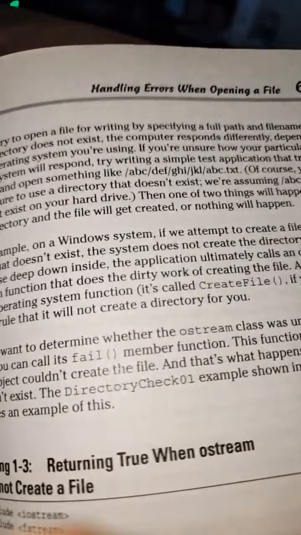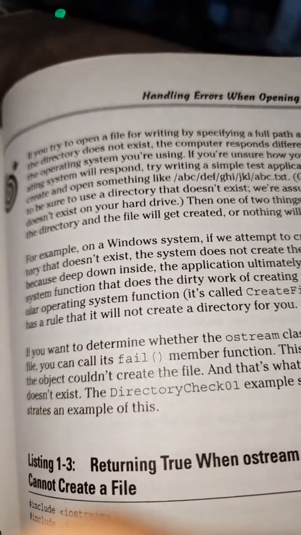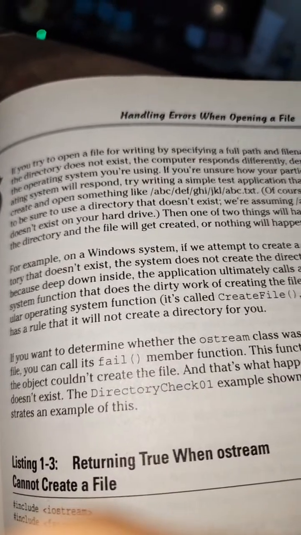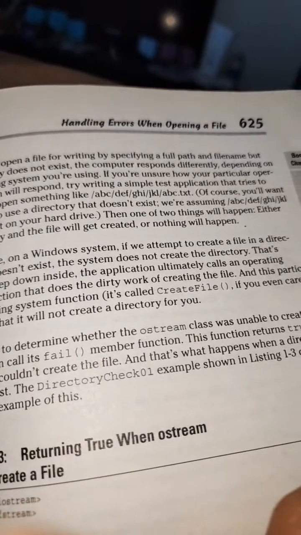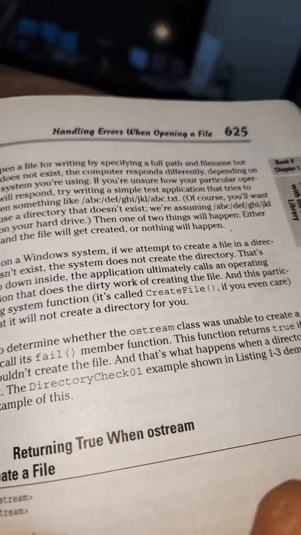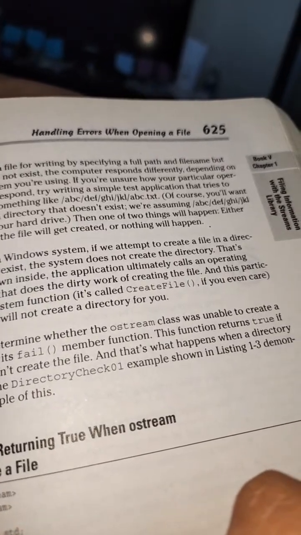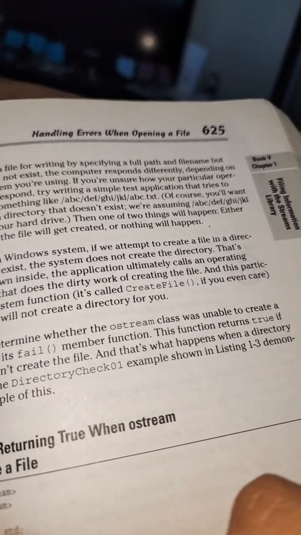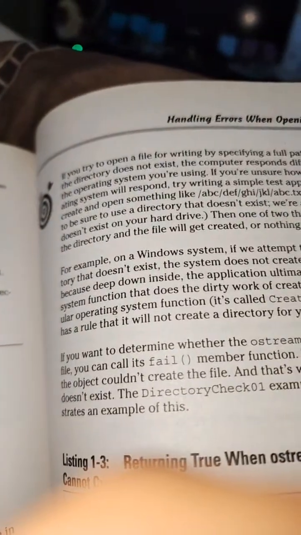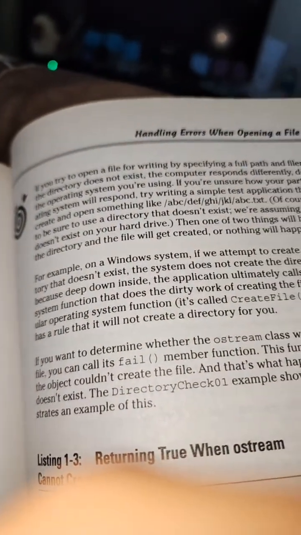Of course, you'll want to be sure to use a directory that doesn't exist. We're assuming /ABC/DEF/GHI/GKL doesn't exist on your hard drive. Then one of two things will happen. Either the directory and the file will get created, or nothing will happen.